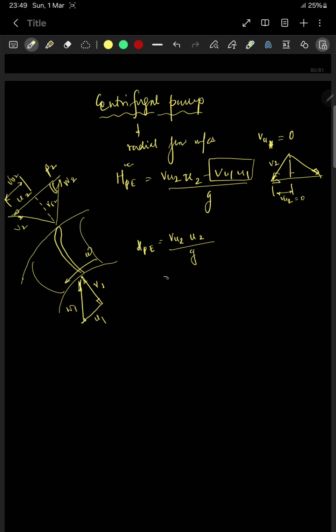Vu2 can be written as U2 minus Wu2. Wu2 can be written as Vr2 cot beta 2. This is beta 2. Cot beta 2 is equal to Wu2 by Vr2. This is Wu2.